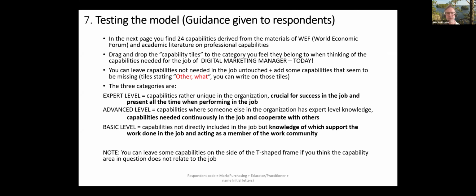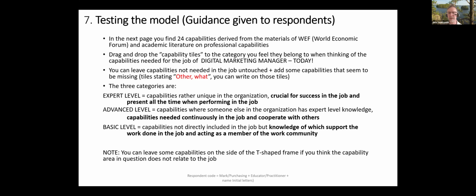And I asked people to say that, okay, if you think about those 24 capabilities, which of them belong to this deep layer or vertical layer where you need deep knowledge when you work as a digital marketing manager or digital marketing lead today, and which are the capabilities that belong to those wide combinatory, either generic or context-bound capabilities.